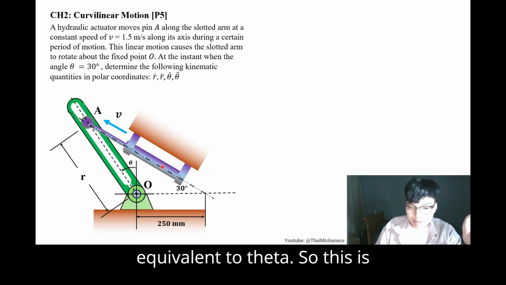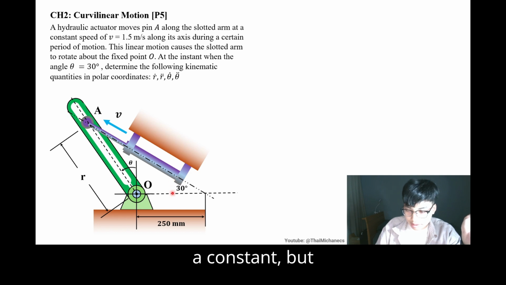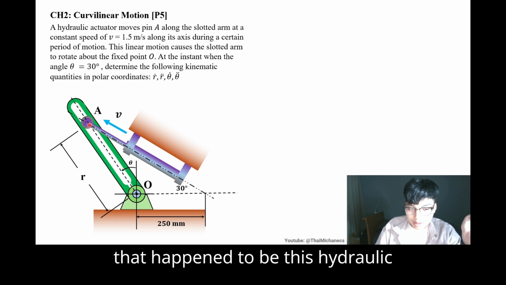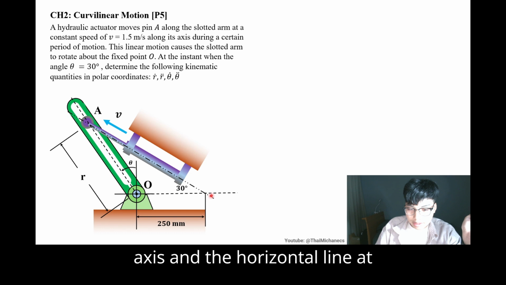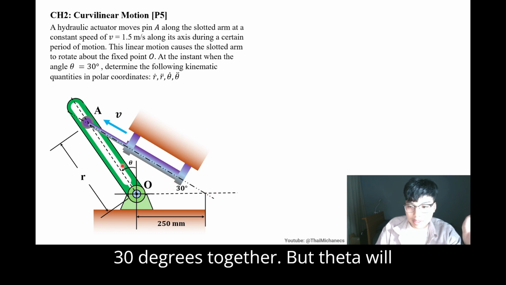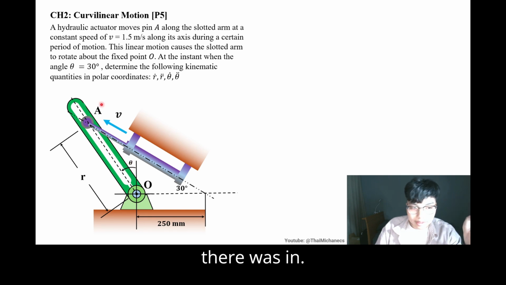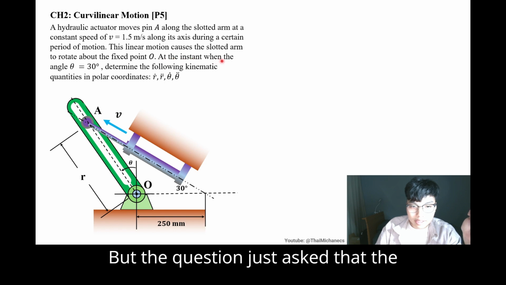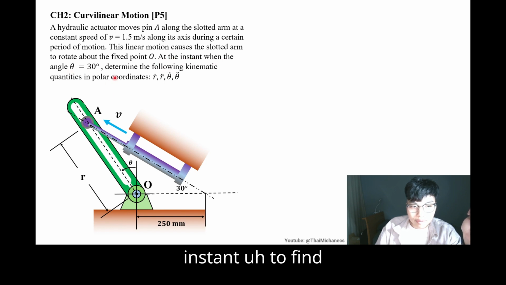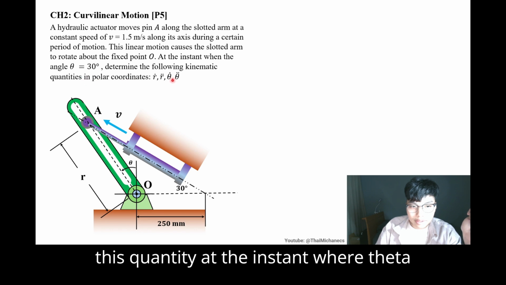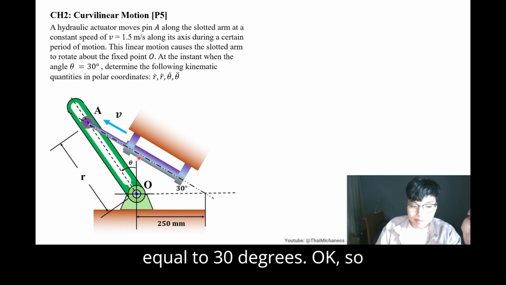This is a constant value that happens to be between this hydraulic axis and the horizontal line at 30 degrees together, but theta will depend on each state that it is in. The question just asks to find these quantities at the instant where theta equals 30 degrees.